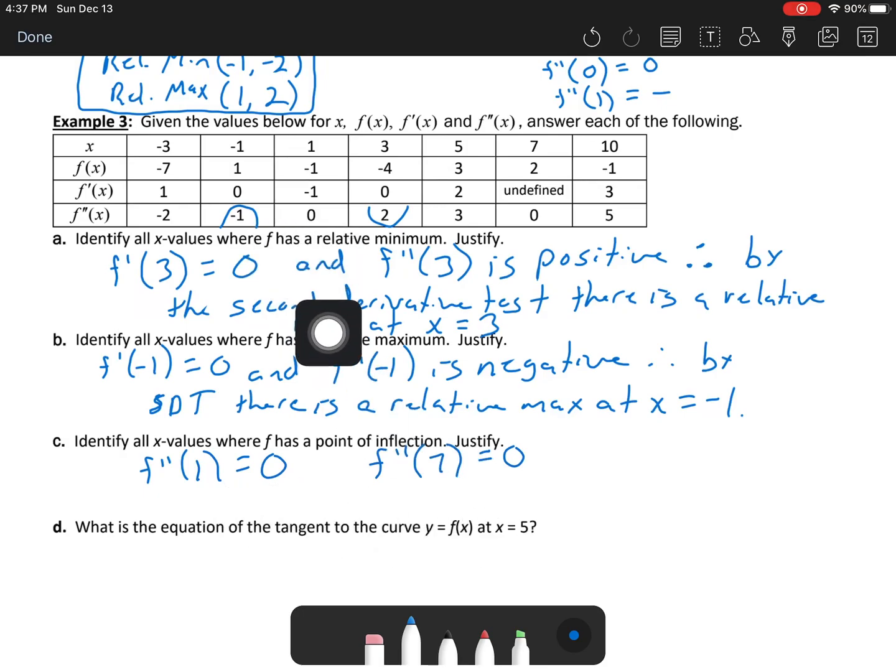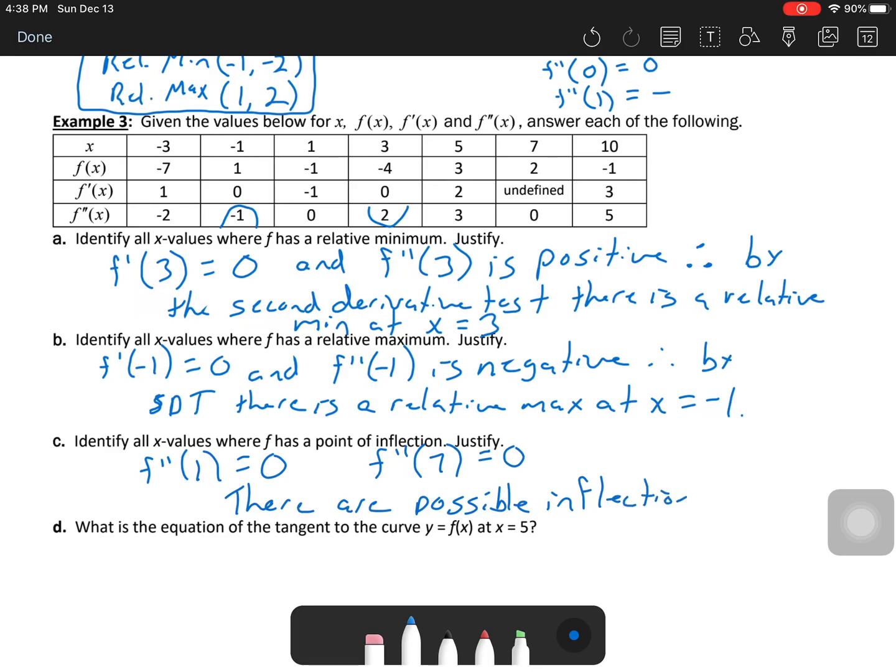So I think all that we can say here is we can talk about possible inflection points, and so that's what I'm going to state. There are possible inflection points at x equals 1 and x equals 7.